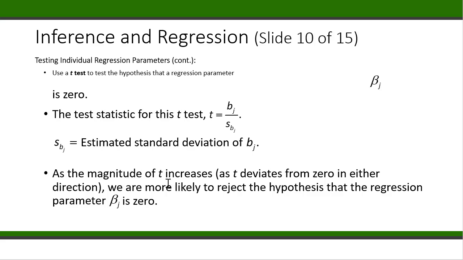So as t gets bigger, we are more likely to reject the hypothesis that the regression parameter beta is 0. So we want a big t here. So smaller values here give us a bigger t here, if you think about that.